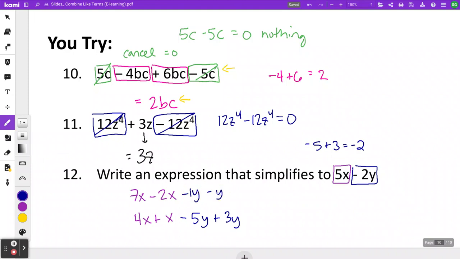That's like a negative 1y minus another 1y. So that would give me negative 2y. That's another option. So like I said, there are many, many correct answers for this. If you weren't able to do this one earlier, or if you just needed an example, a more visible example of what we're doing here, I really encourage you pause the video and see if you could come up with another example, because there are many, many, many correct answers.